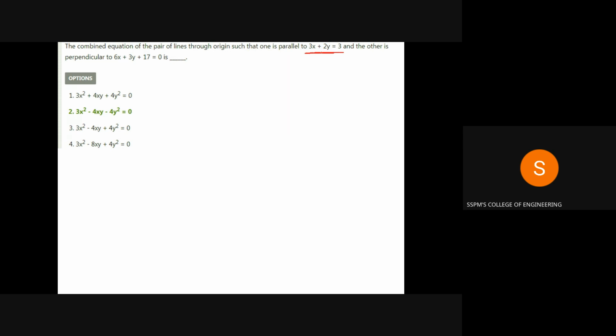See, this is our first line. We have to find the combined equation of the pair of lines. The slope of the first line is the same as this line, as these lines are parallel and the other is perpendicular, so first we have to find the slope of these two lines.